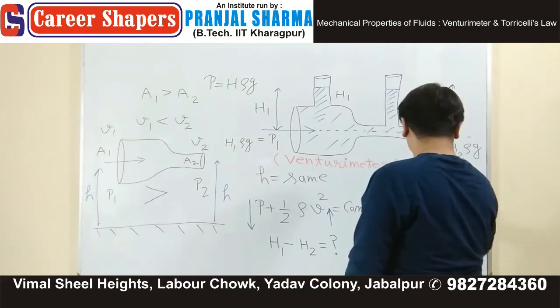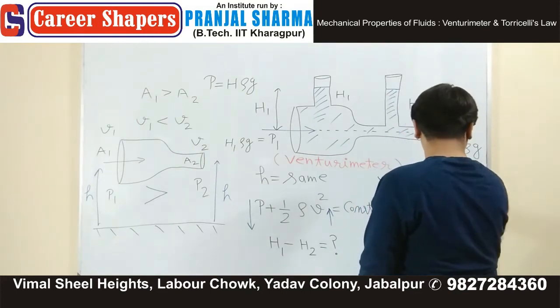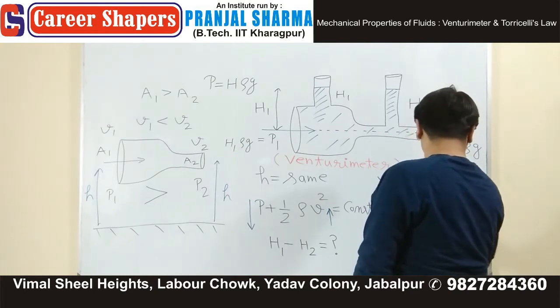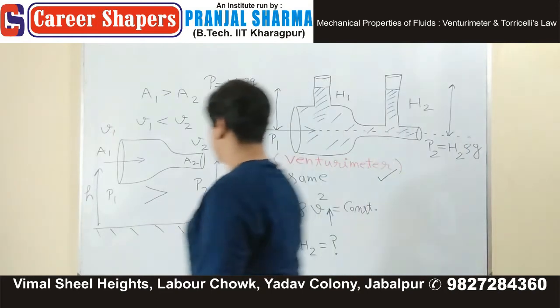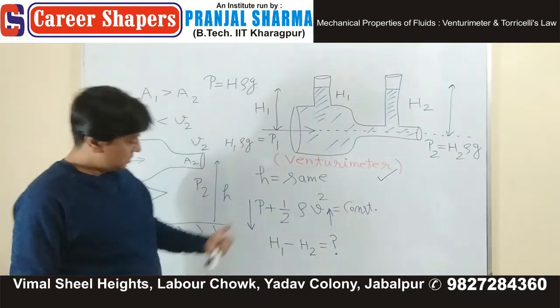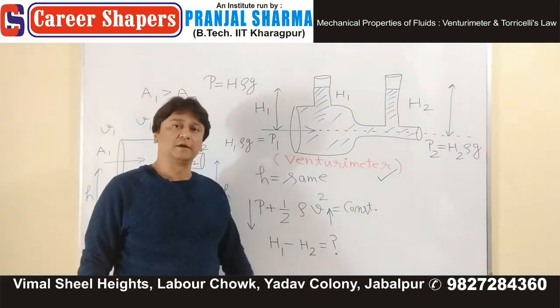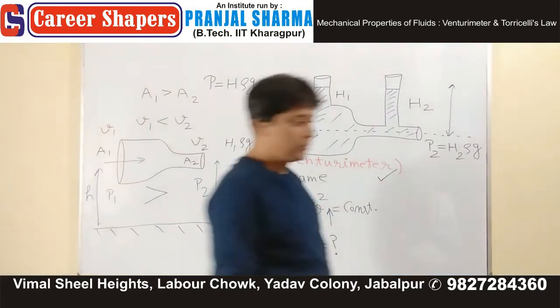What I'm asking you is something which is already present on the board. P plus half rho V square is constant. Use this. How do we use this?